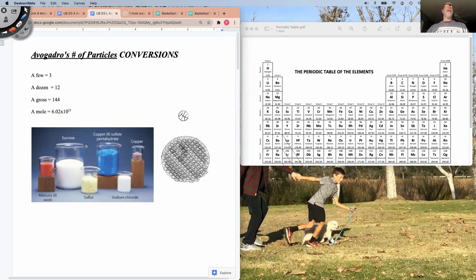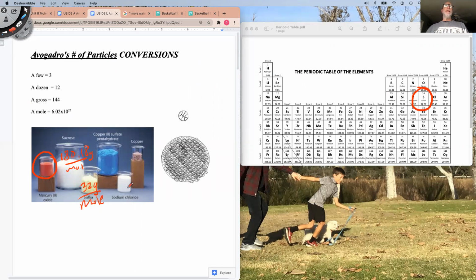But how much is a mole? Well, ladies and gentlemen, if you had a mole of mercury oxide, we take about this much. If you had a mole of sugar, we work this number out. It's 180.18 grams equals 1 mole for sucrose. Sulfur, to have a mole of sulfur, you can see that. So this amount right here is about 32 grams for 1 mole of sulfur.